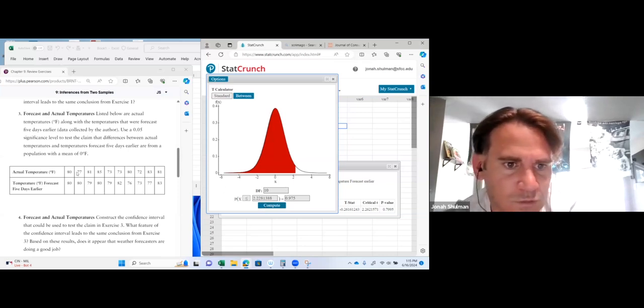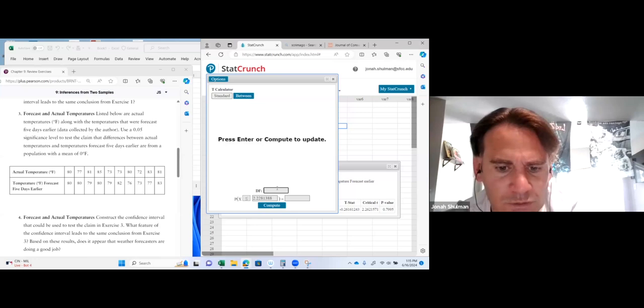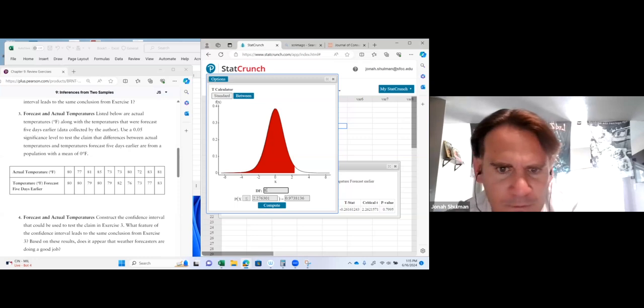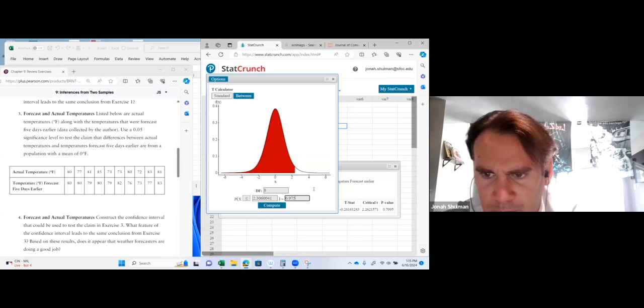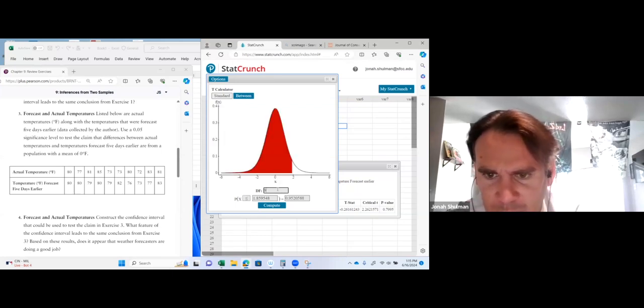Oh, sorry, my degrees of freedom: 1, 2, 3, 4, 5, 6, 7, 8, 9, 10. Since I have 10, it's always one less, so this is going to be 9. But because I have two groups, it's going to be 8. I guess it's 9 because it's the same group twice.